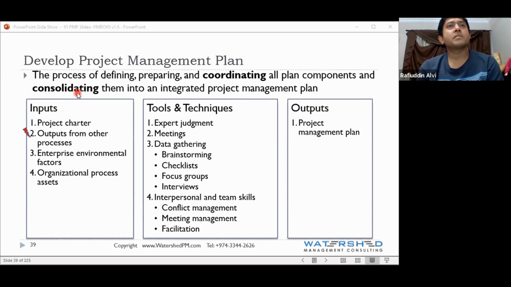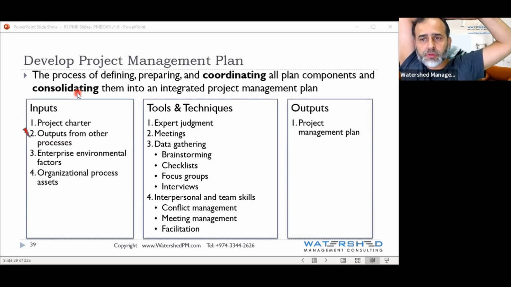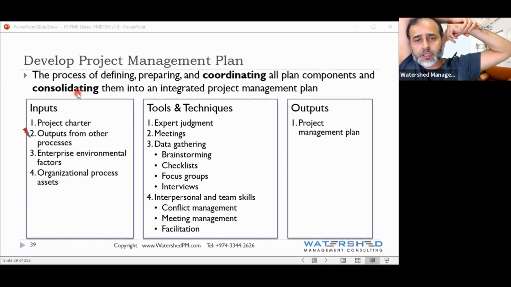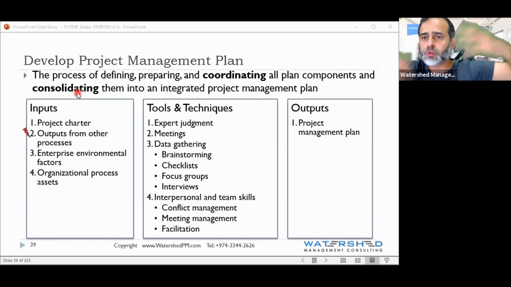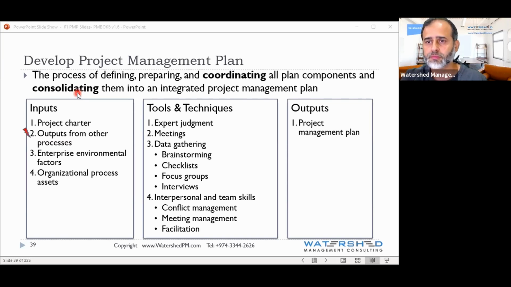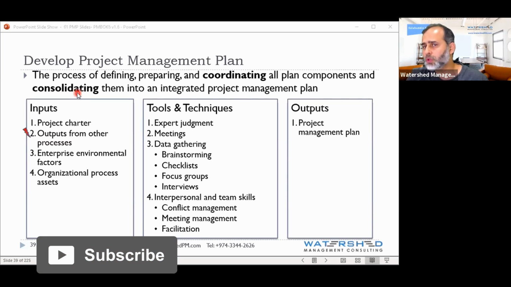Which kind of processes? Give me a little more insight. They're all the different processes from different knowledge areas, right? Like you're coordinating between scope and schedule, cost, quality, between all of them, right?